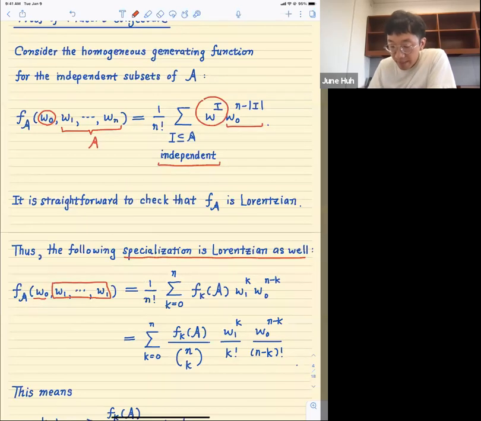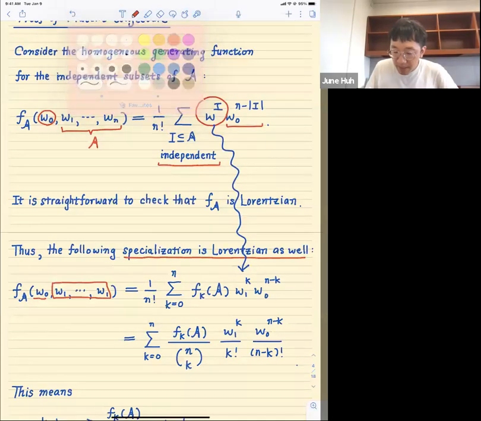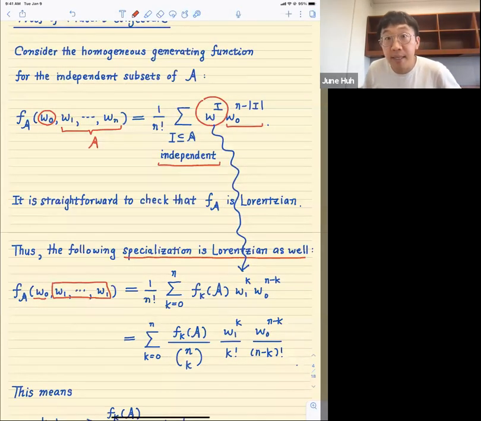And then what do you get? All these monomials collapse into a single power of a variable, and your polynomial becomes essentially a one variable polynomial or a two variable homogeneous polynomial.